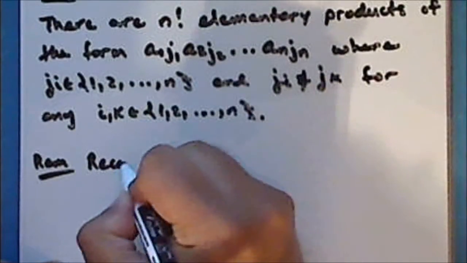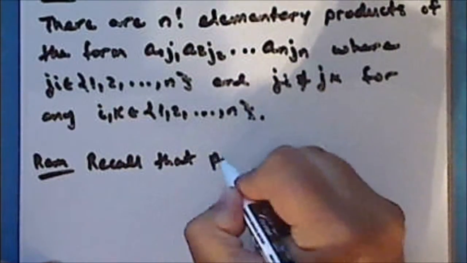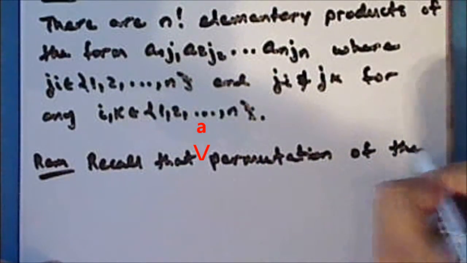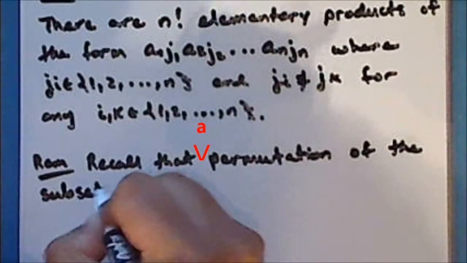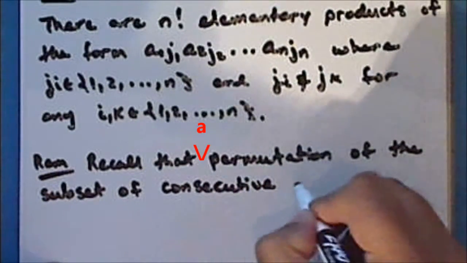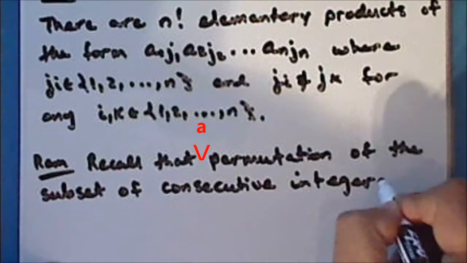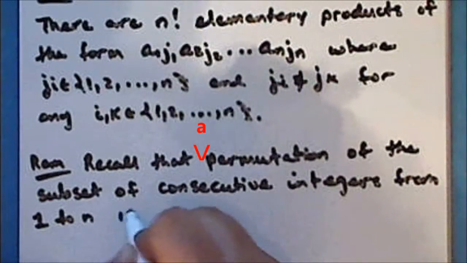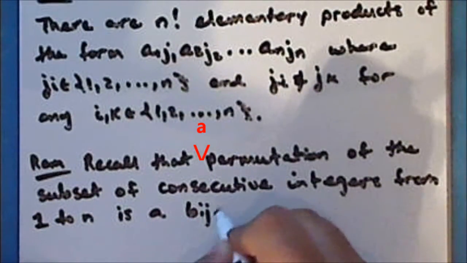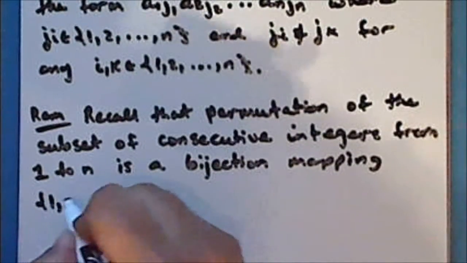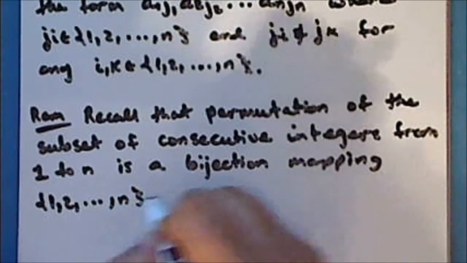So recall that a permutation of the subset of consecutive integers from 1 to n is a bijection mapping this set onto itself.